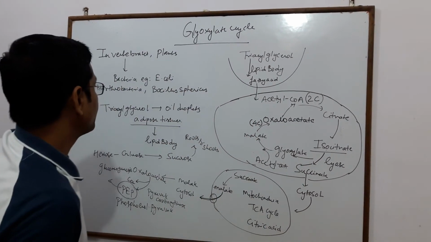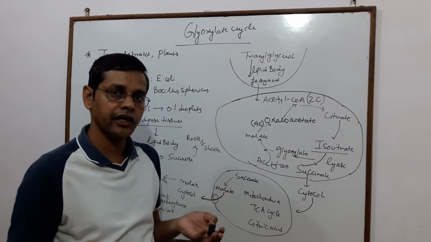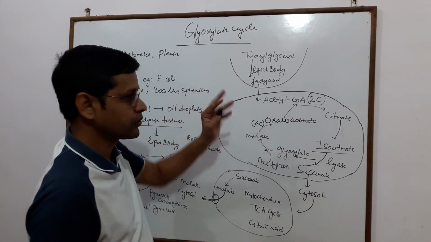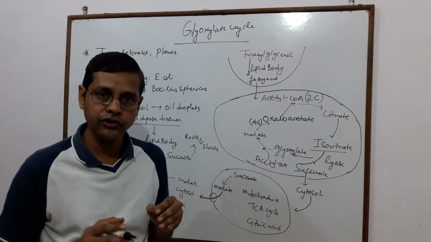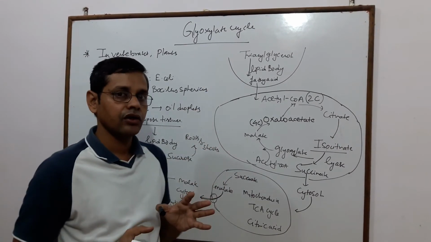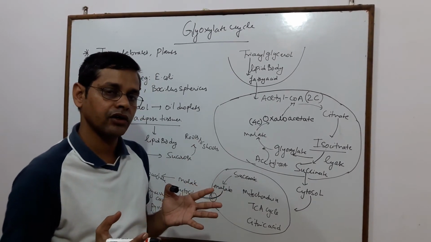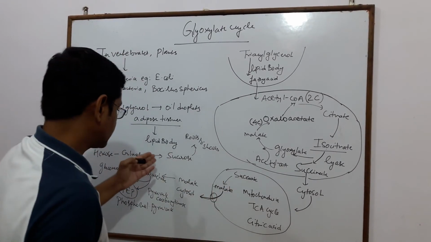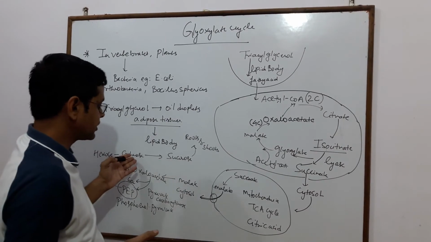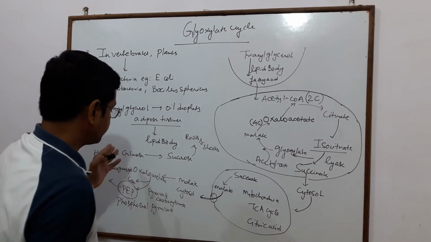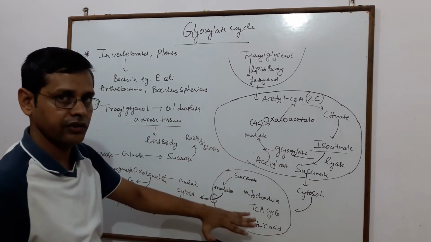So until the whole seeds containing lipid, suppose seeds having 25 milligrams of lipid, so if the whole 25 milligrams of lipid is converted into this glucose, till that stage, this cycle is going on, okay, in this way.